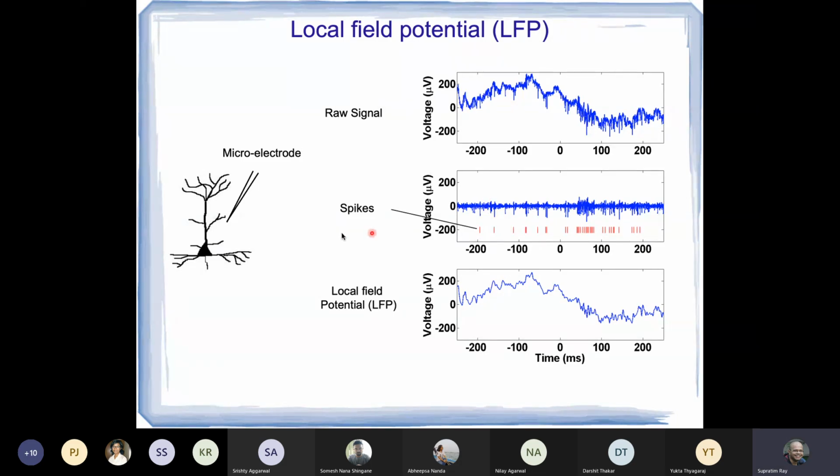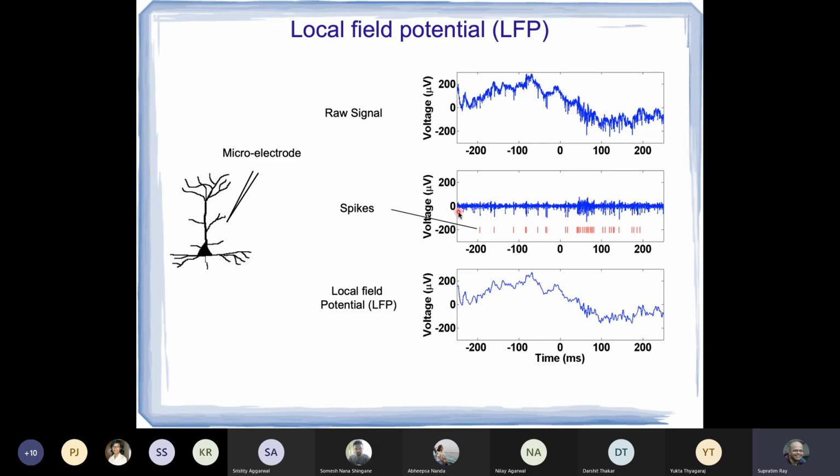We usually don't do those recordings intracellularly, even though people have done it and it is possible. It's done through extracellular recordings, and you get traces like these, and these vertical ticks correspond to the times when the neuron that your electrode is very close to is firing an action potential.